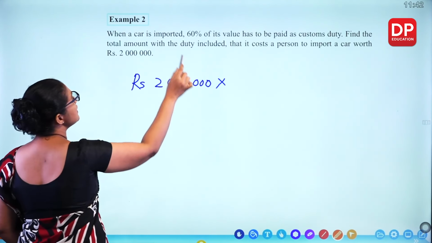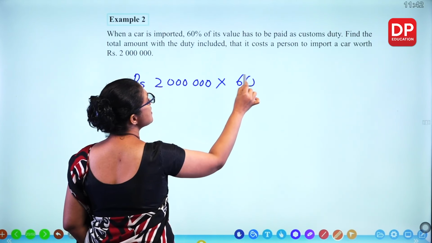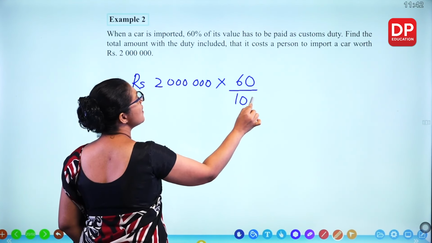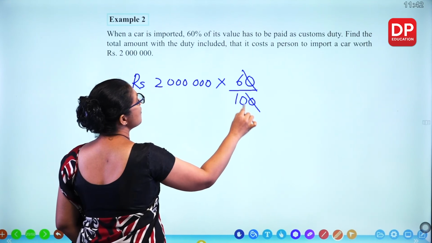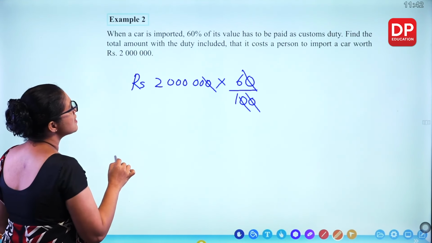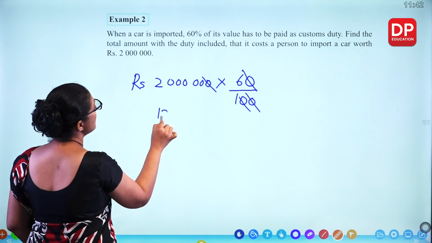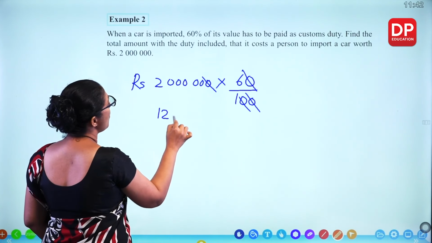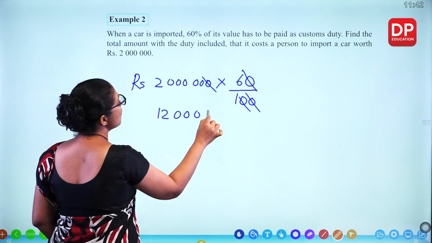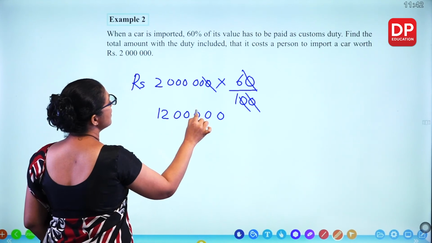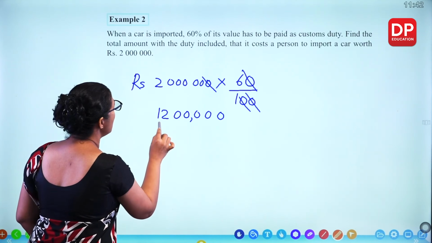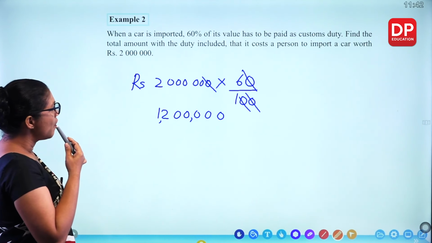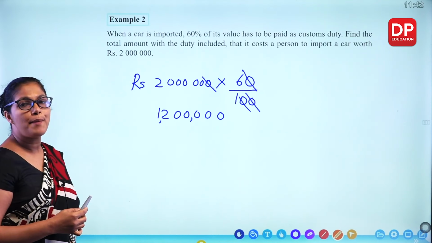And what's the percentage of tax? 60%. 60% means 60 over 100. So what's the value you have to pay? 1, 0 get cancelled out. 6 times 2, 12. And how many zeros? 1, 2, 3, 4, 5. So 5 zeros are there. So what's the value? How do we read this? 1.2 million.